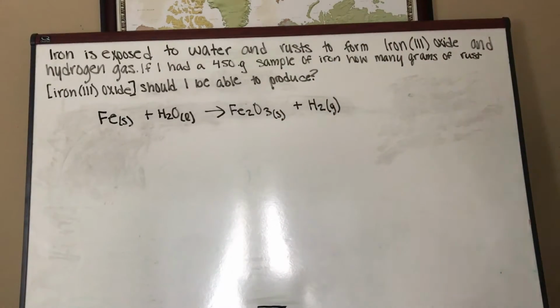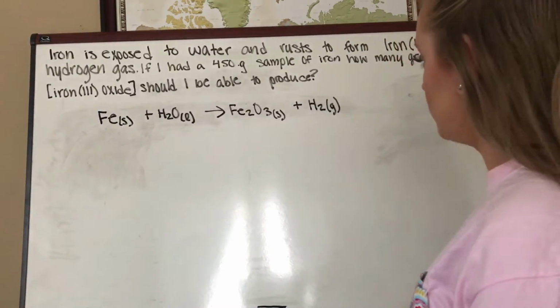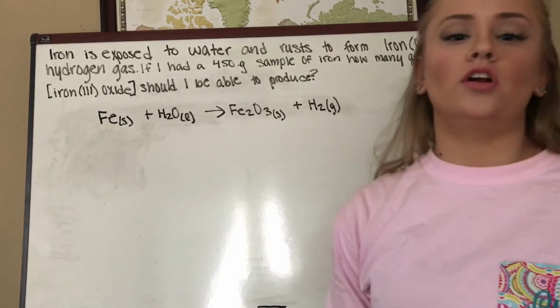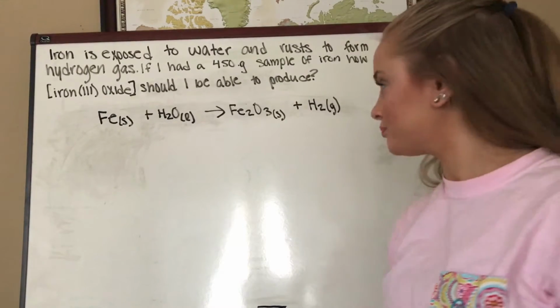That is because when hydrogen is represented by itself, there are two. It comes in a pair. That's important to have when you're balancing your equation.